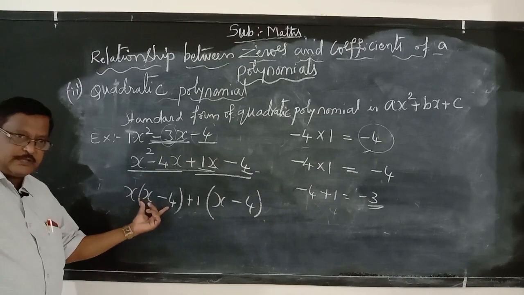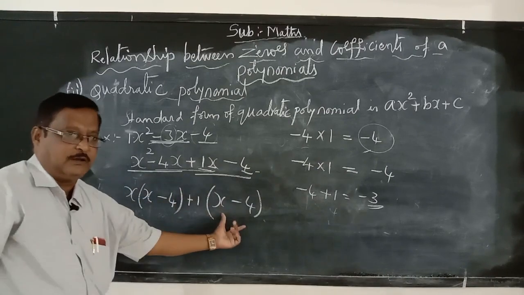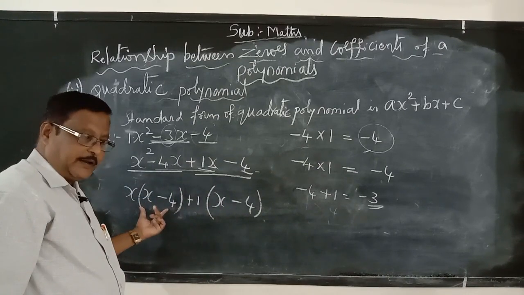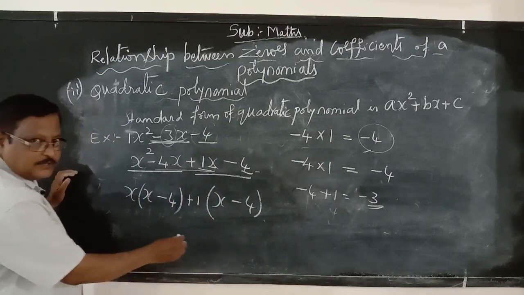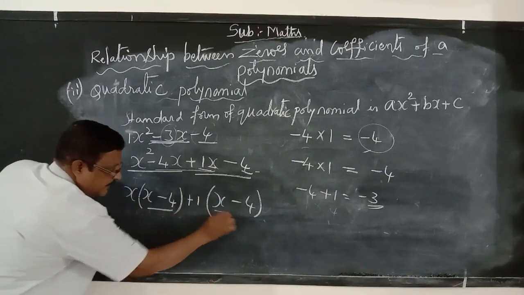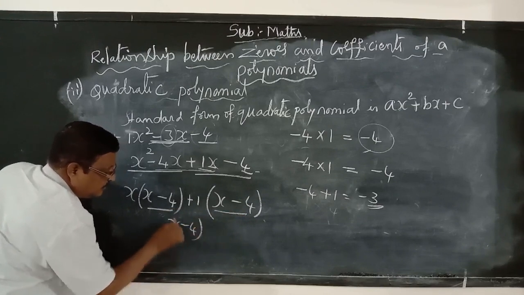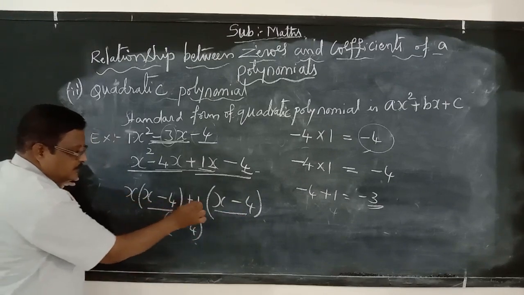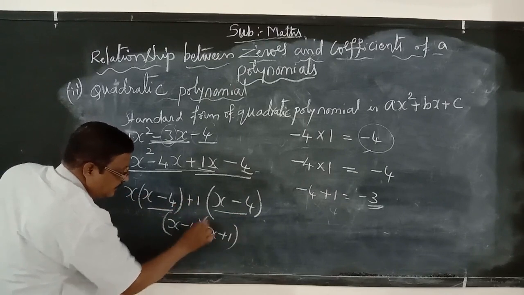Whatever the bracket is there, the same bracket comes here. See, next these two brackets are the same, x minus 4 you write one time, here x plus 1 you write another time.